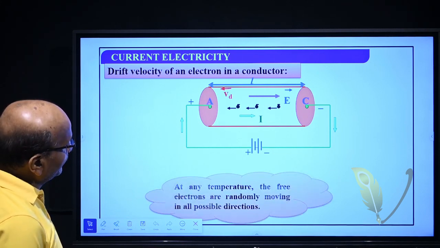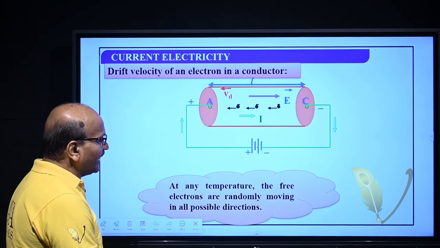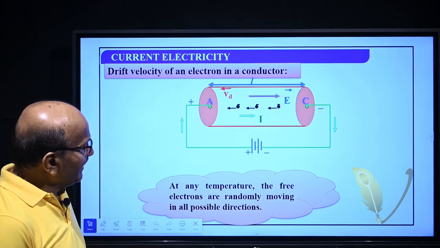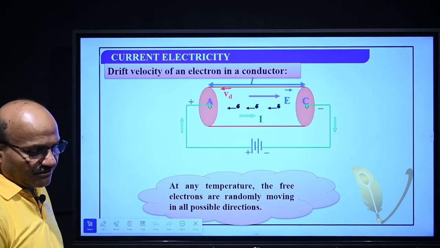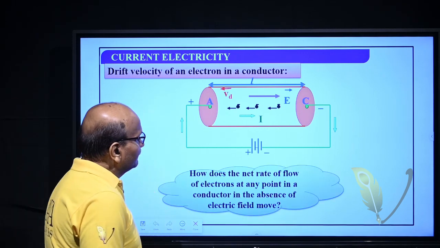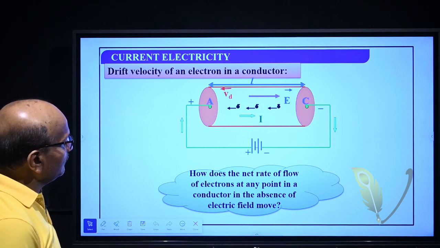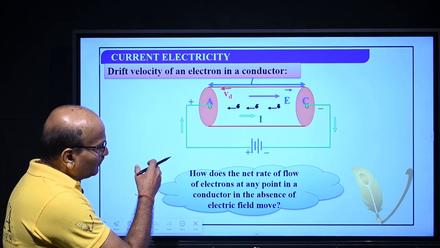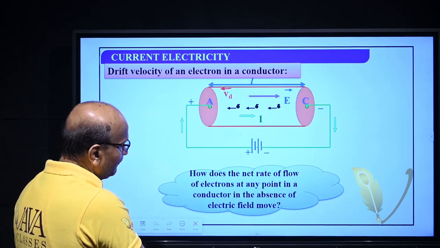In the absence of an electric field, at any temperature, the free electrons are randomly moving in all possible directions, and the velocities of the electrons are called thermal velocity. Therefore, the initial average velocity of the electrons becomes 0. Suppose 50 electrons move from left to right, then again 50 electrons move from right to left, as we already saw.